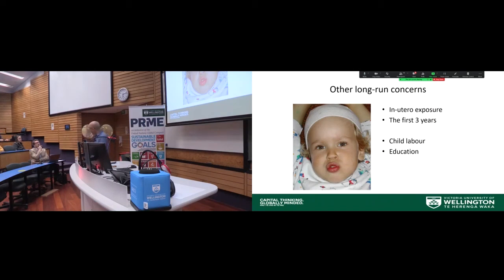But if the mother was in utero during the Ancash earthquake, her kids would be less educated. So this is 50 years later. We still have an impact from that single earthquake. So again, if we have these long-run concerns, then without dealing with that problem, we're not going to deal with the SDGs.